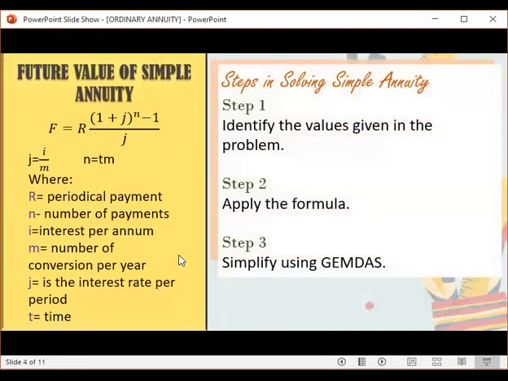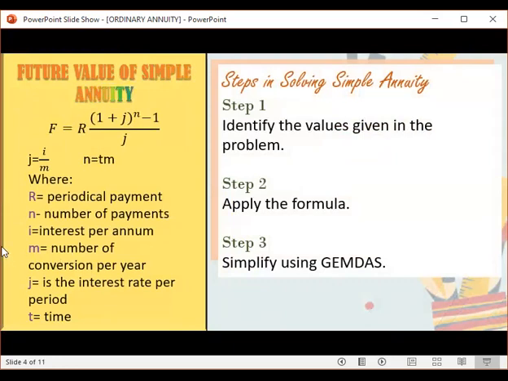So here is the formula for the future value of simple annuity. Kasi meron tayong future and meron tayong present. The steps in solving simple annuity, so like the last time, step 1 is to find the given, step 2, apply the formula, and step 3, simplify using GEMDAS.